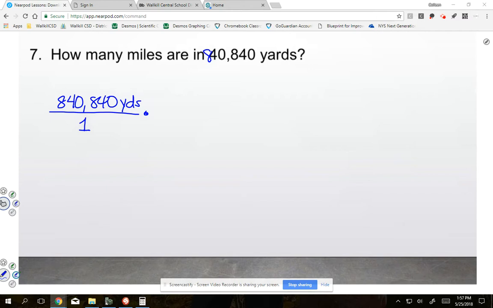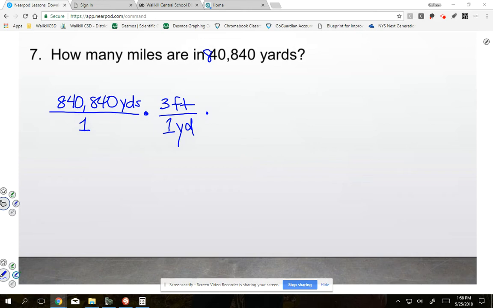What do you know goes into a yard very easily? Feet. 3 feet equal a yard. Goal is to get to miles. How many feet are in a mile? 5,280 feet are in 1 mile.